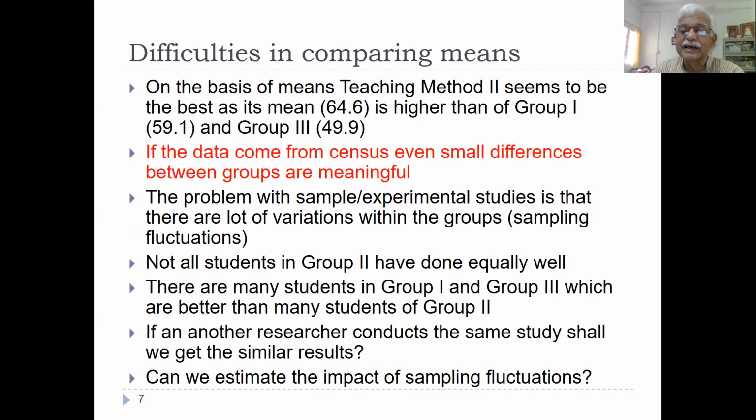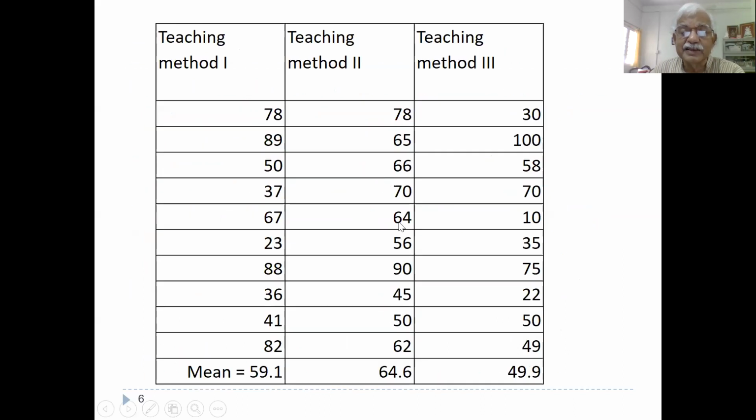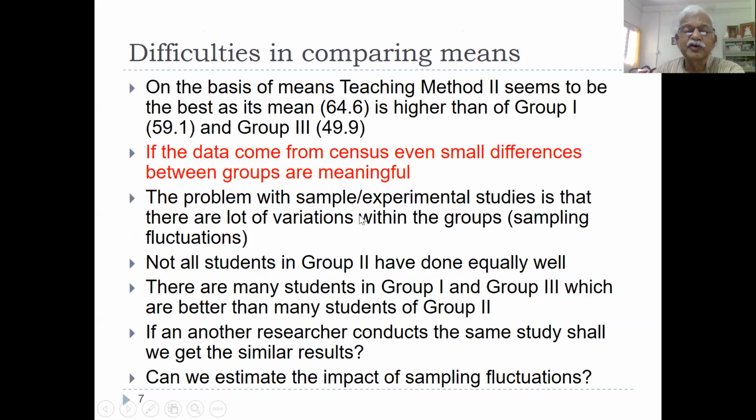In group 2, which is the best, there are some students who have scored as low as 50 or 56, while in group 3, which had the minimum average, there is one student who has scored 100 out of 100. So there are all kinds of variations. There are variations between the groups, and there are also variations within the groups. And therefore, some comparison of to what extent variations between groups are higher than variations within groups is required.